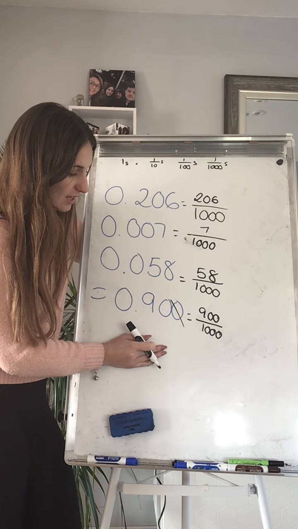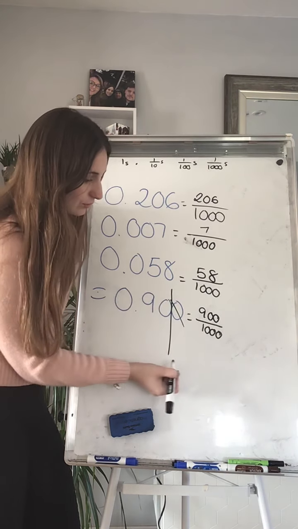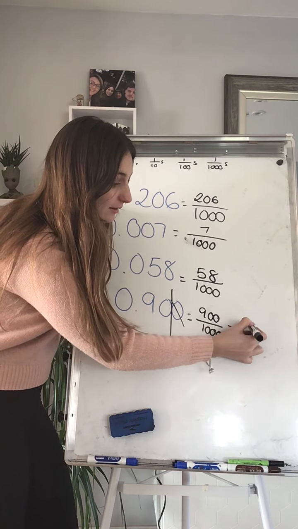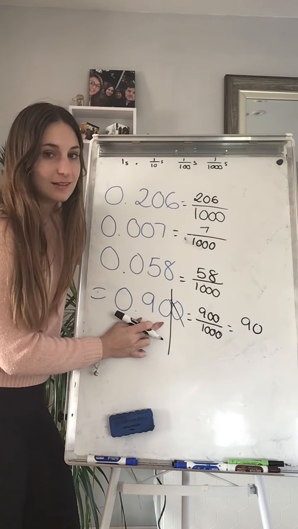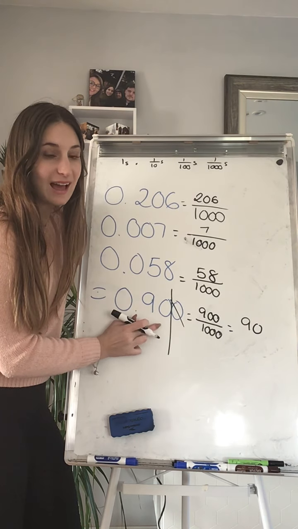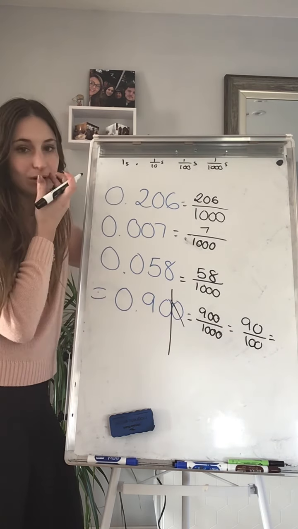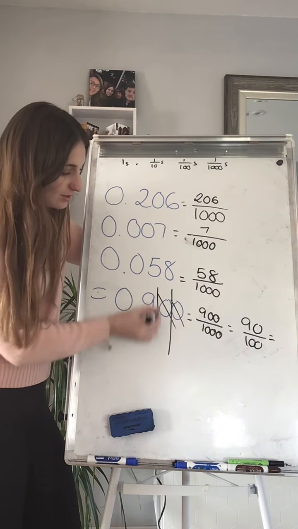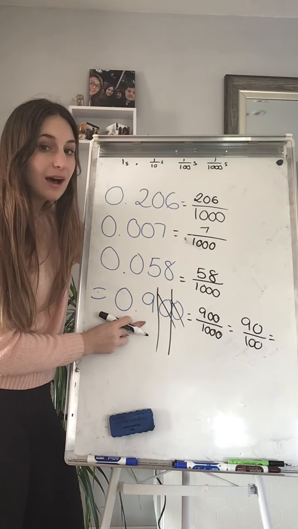So if I read 90 what? 90 hundredths. I don't need that 0, I can get rid of that 0. I will get 0.9.